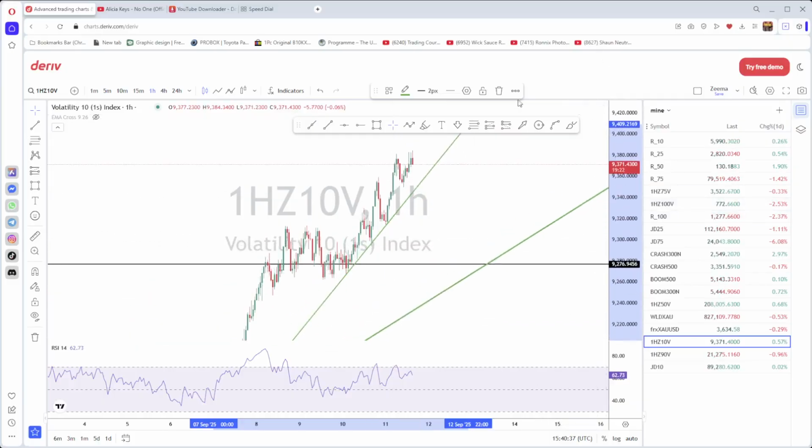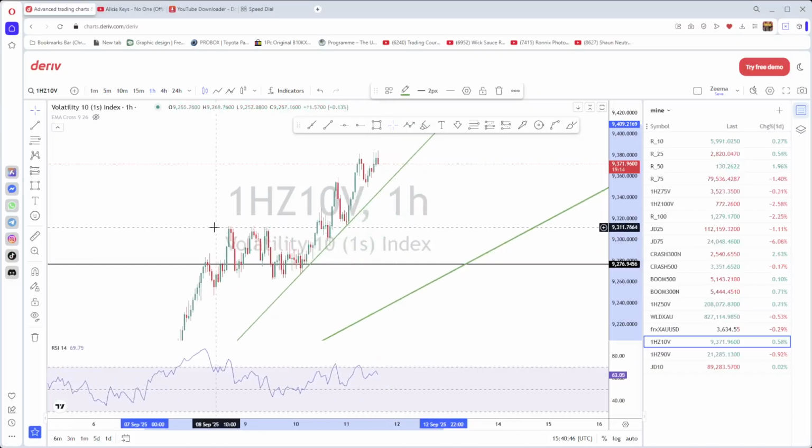As you can see, a few ICC trades could have been taken. Nice level right here. Price respected the level a few times. Retest, short trade, then close above. Same for here.